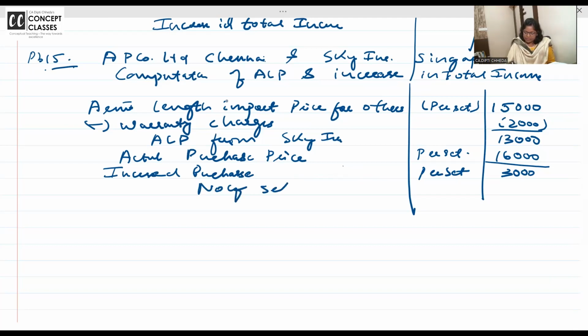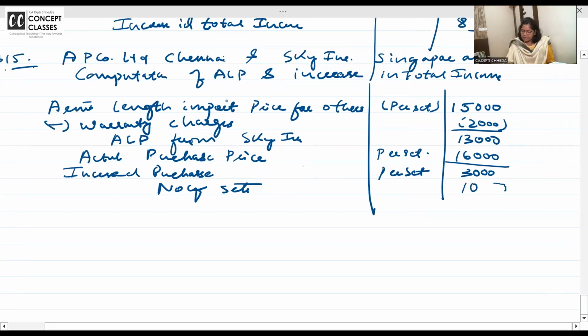Number of sets. कितने ऐसे सेट्स हमने खरीदे 1,000 एक्स्ट्रा दे दे के? 1,000. First line, 1,000 TV sets.